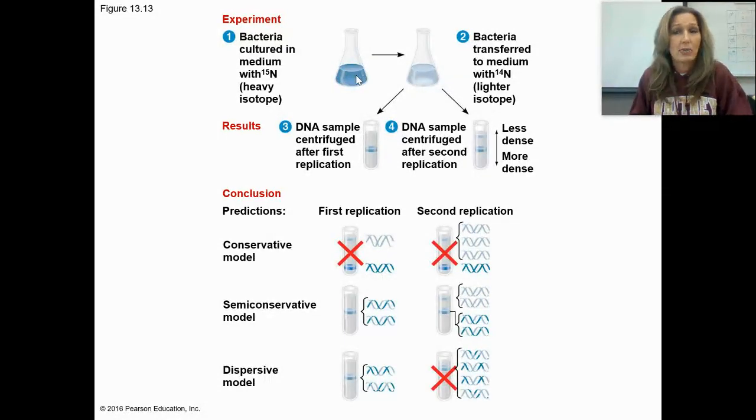They knew replication was happening, but now by having an original strand of DNA that was heavier, now they could actually track when new DNA was made. They could actually predict that when I started with heavy DNA, I'm going to have different masses of DNA based on when and what round of replication it was.